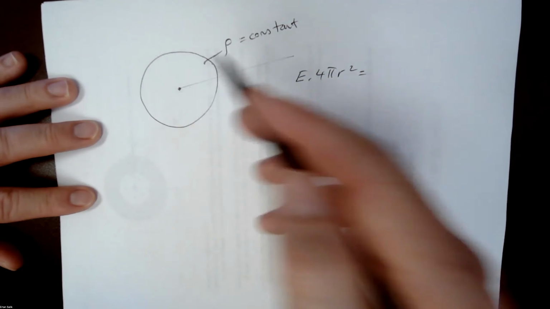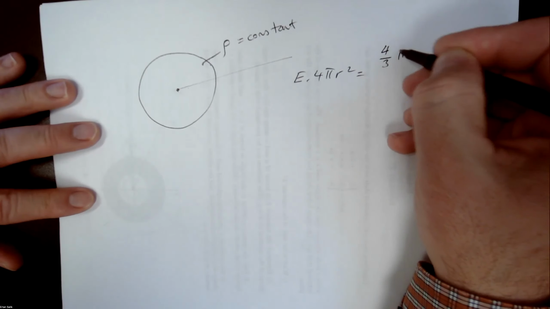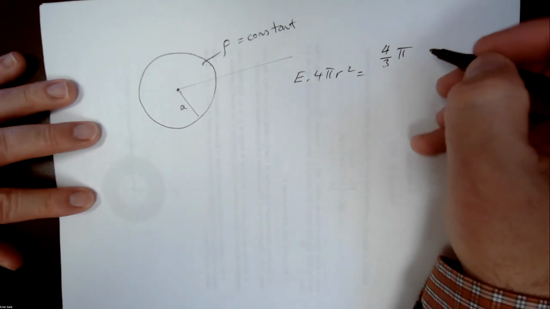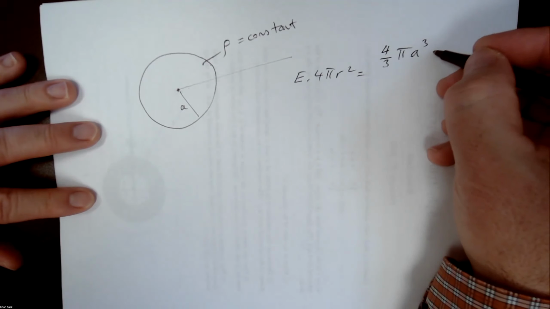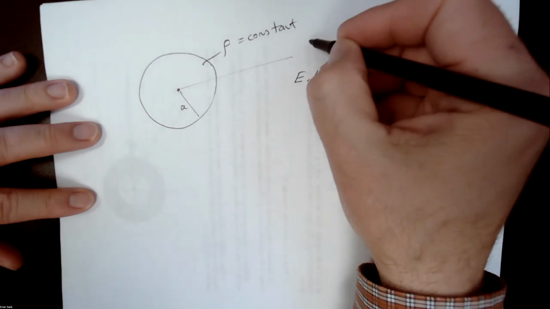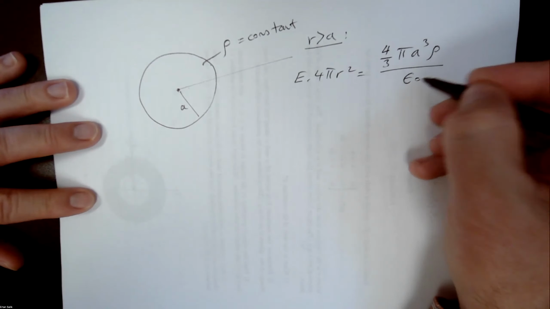Since all the charge is enclosed, we can write 4/3 pi a cubed, if the radius of this sphere is a, that's the volume, multiplied by charge density, that is the total charge enclosed when it is outside, which is r greater than a, divided by epsilon naught.